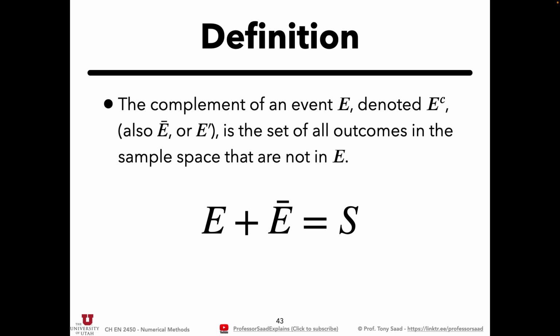Now, some more definitions. The complement of an event will be super useful because, as you will see later, counting the sample space is going to be hard with probabilities. Sometimes it's easy to count the complement, or what's not your event, because it's a smaller event, and then you deduce the probability of your event.